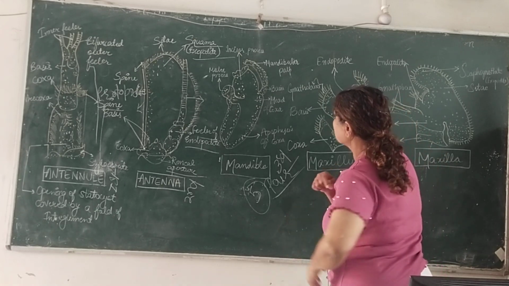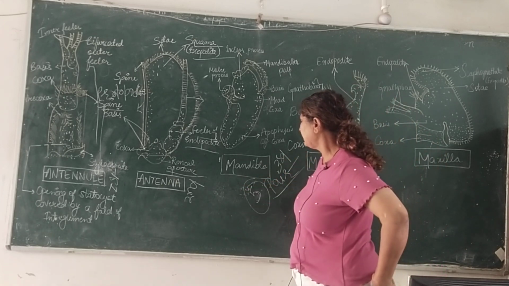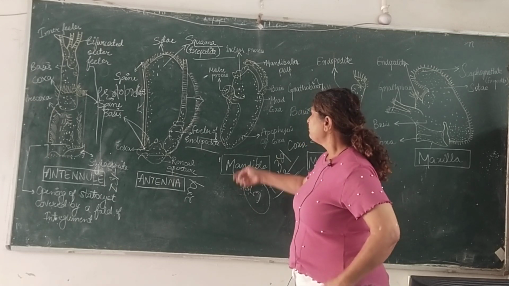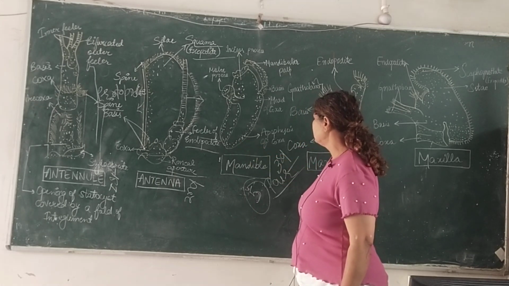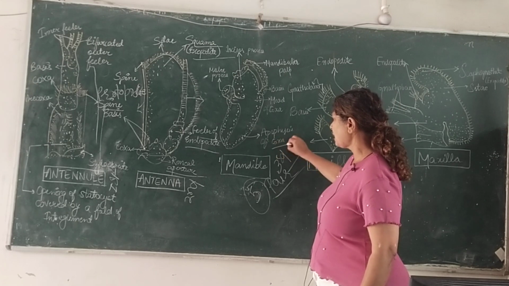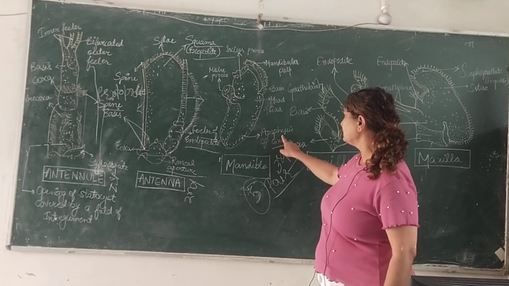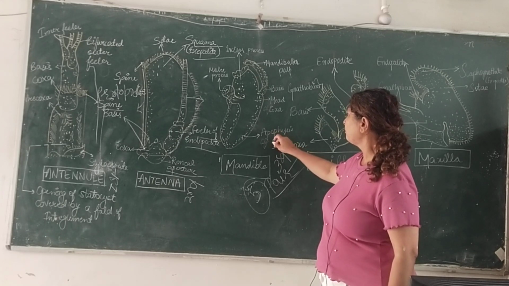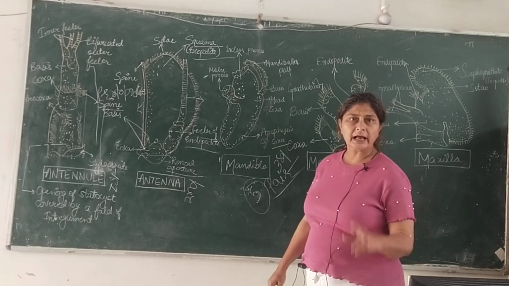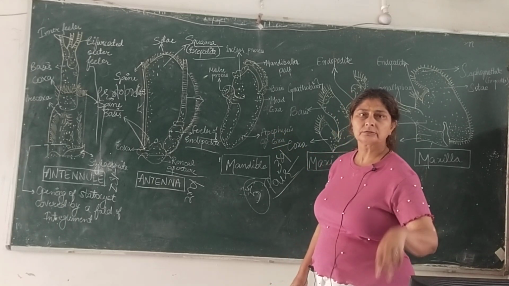नेक्स्ट वन इज मैंडिबुलर. मैंडिबल अगेन they have coxa which is attached part. This coxa is of two parts. Coxa has two parts.